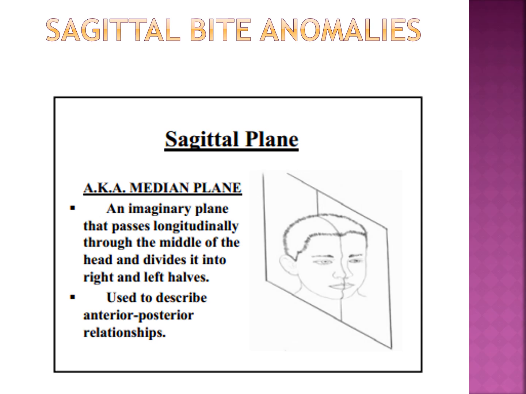What does it mean? Sagittal plane, a median plane. It is an imaginary plane that passes longitudinally through the middle of the head and divides it into right and left halves, used to describe anterior-posterior relationship.